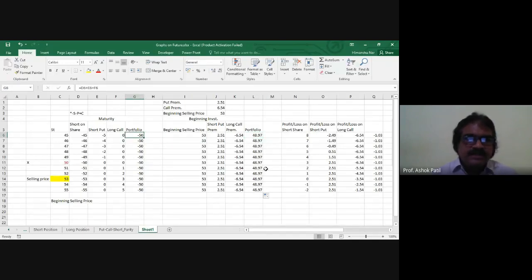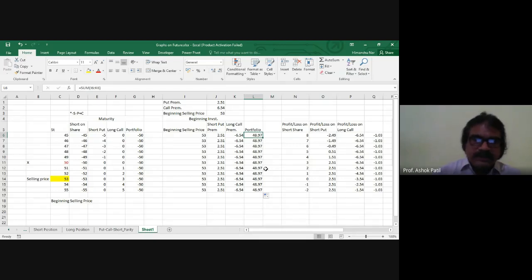So I invested 48.97, L column, and I paid 50 rupees constant. So irrespective of whatever is happening, I am paying 1.03, Q column. So irrespective of whatever is happening, my payment on the borrowing of 48.97 is fixed, which I know in the beginning, because I have taken this minus S minus P plus C position.